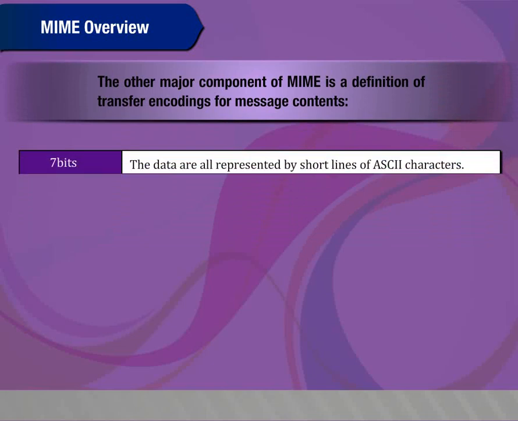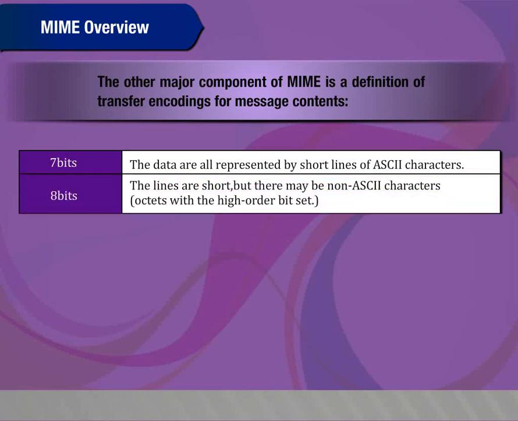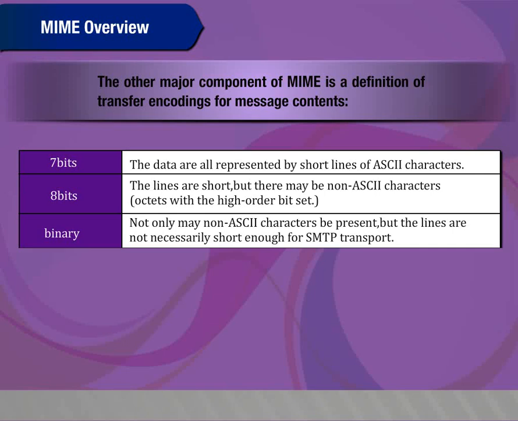7 bit: the data are all represented by short lines of ASCII characters. 8 bit: the lines are short, but there may be non-ASCII characters, that is, octets with the high-order bit set. Binary: not only may non-ASCII characters be present, but the lines are not necessarily short enough for SMTP transport.